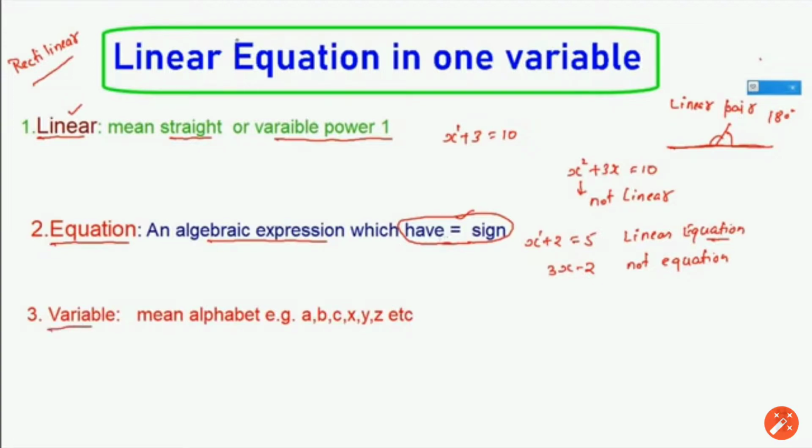Now we come to variable. Variable means which value changes time to time. That means it does not have a fixed value. Generally we take letters from the alphabet, a, b, c, x, y, z, etc. That means they vary or change.